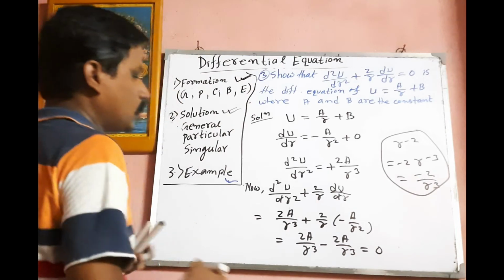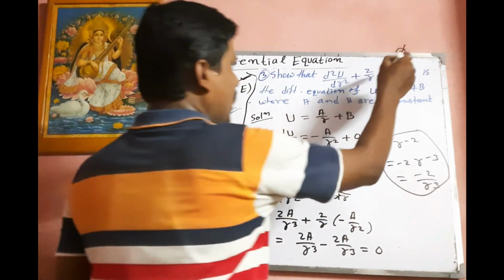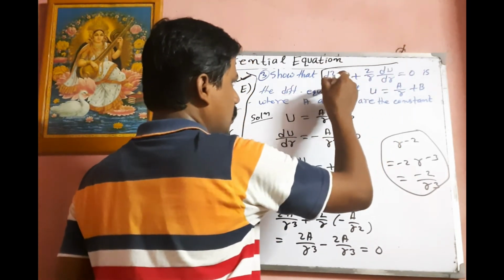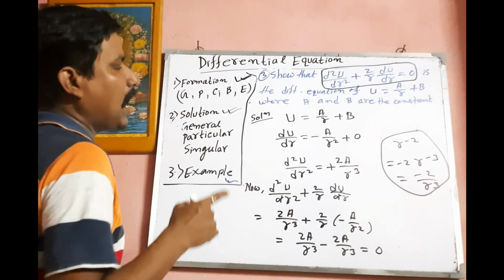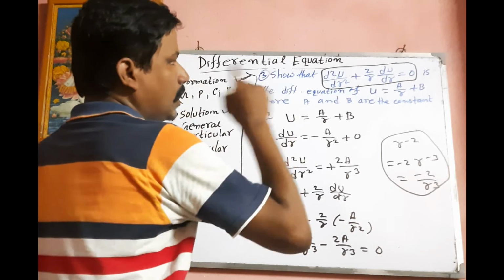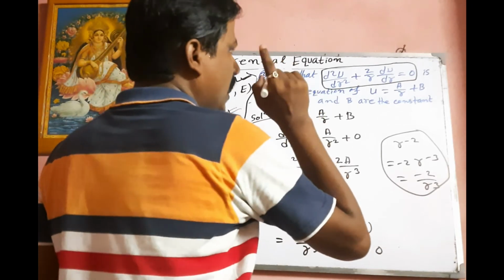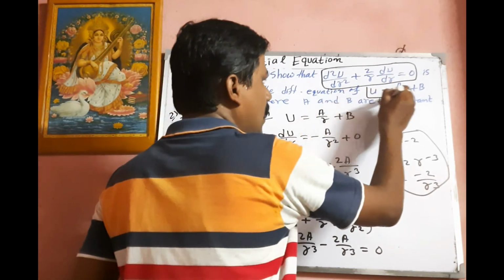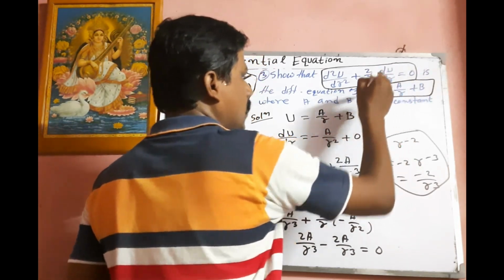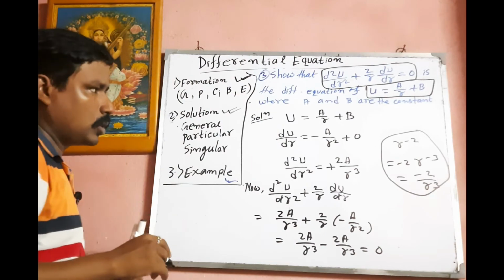This will be 0. So d²u/dr² plus (2/r) du/dr is equal to 0 is a differential equation of the given u, which is proved.